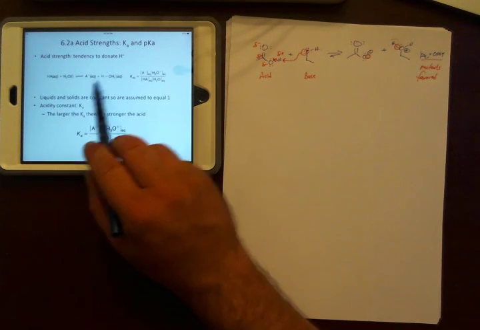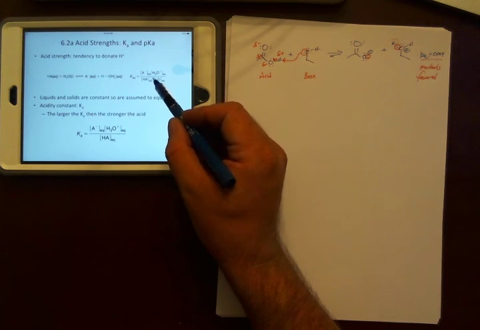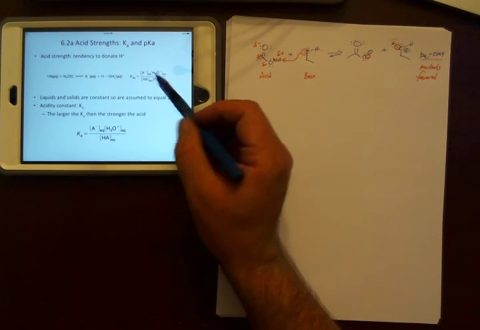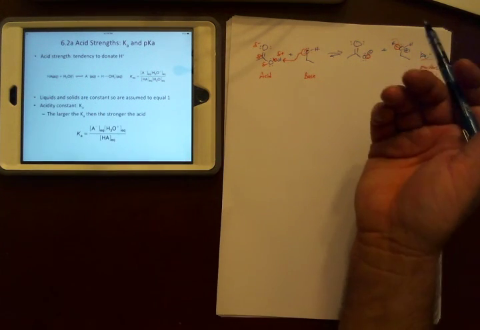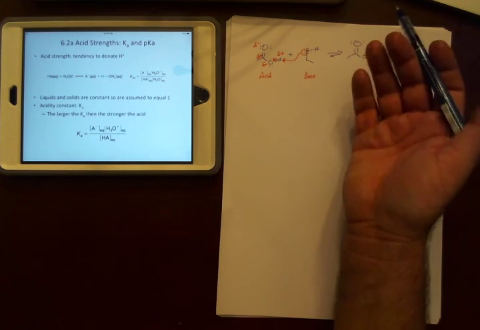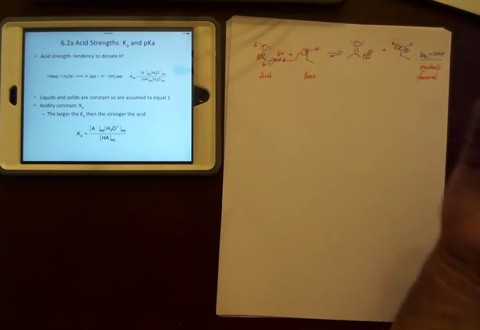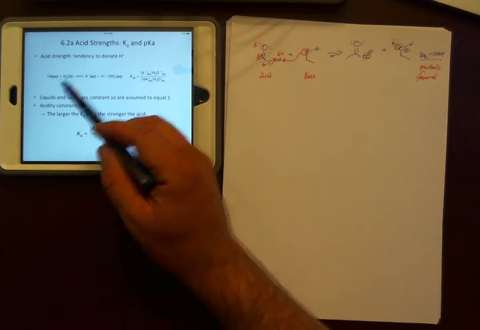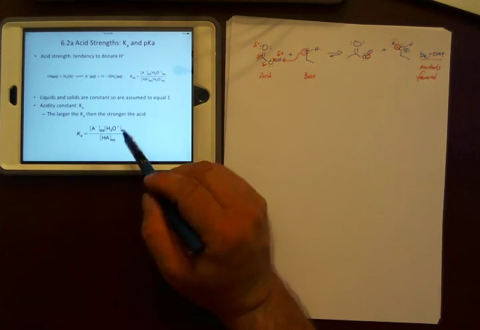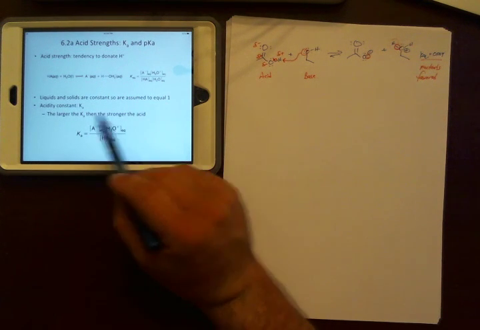Now, water, because it's a liquid, you can't change the concentration of a liquid, so it's assumed to be 1 because there's no change. Same thing as if you have a solid; those are assumed to be 1. So we can pretty much have that fall out, and so you end up for the Ka equation, the equilibrium constant for an acid and water, ends up being this.